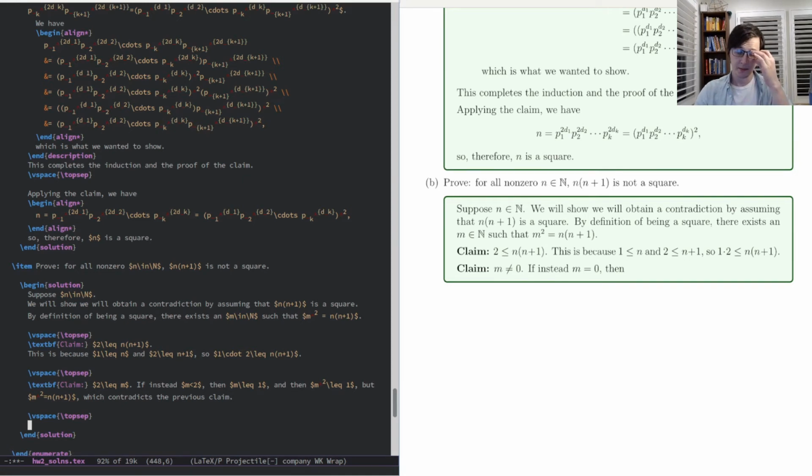So since 2 is less than or equal to m, then there exists a prime p in the natural numbers such that p divides m. We need the 2 is less than or equal to m because otherwise m would be 0 or a unit, and they don't have prime divisors. Well, 0 has a prime divisor, but 1 is a problem. So we just did these inequalities to get us into this situation.